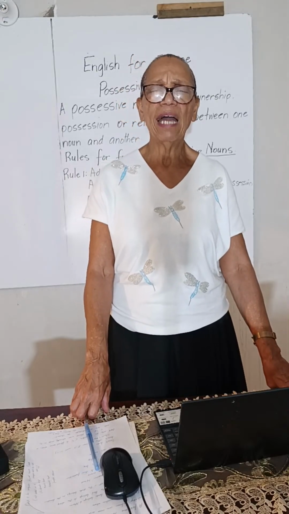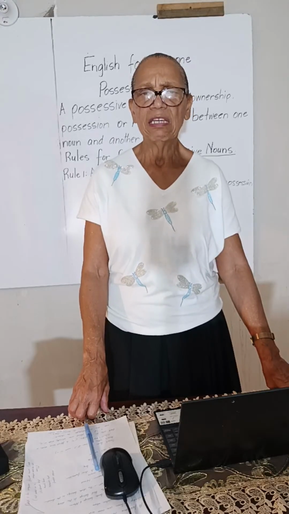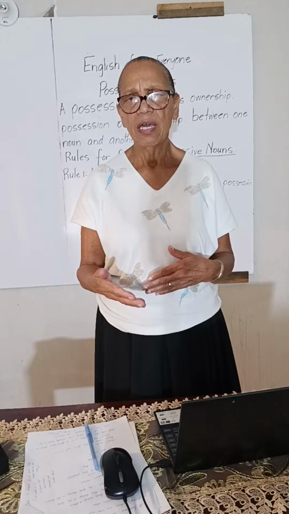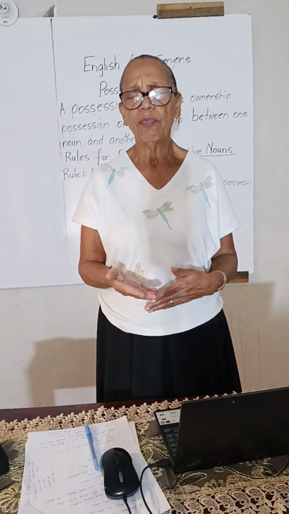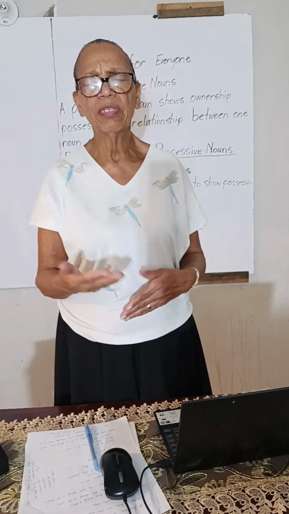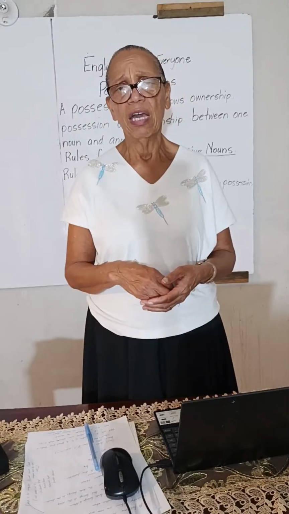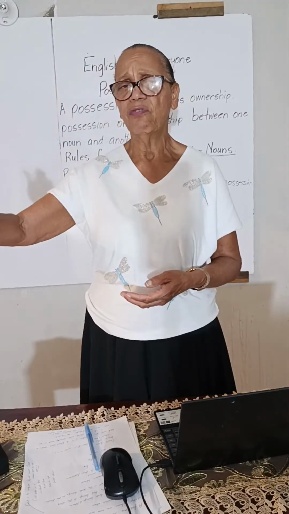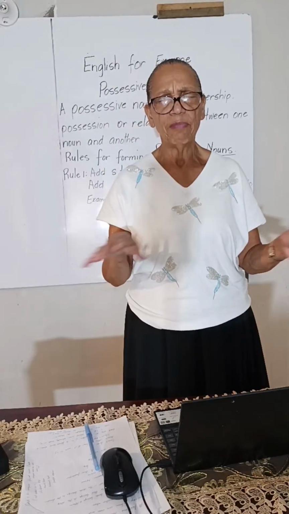Then last week, we looked at singular and plural nouns. Singular means one. In that case, you do not normally add S. But as I said, in the English language you have so many exceptions to the rules. You might say 10 things follow a particular rule, then 1 or 2 deviate from that rule.